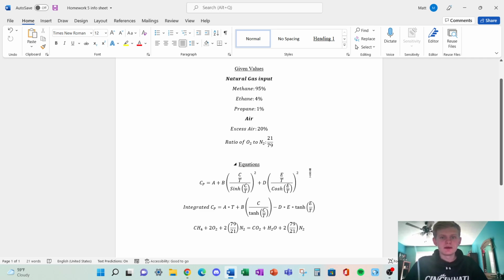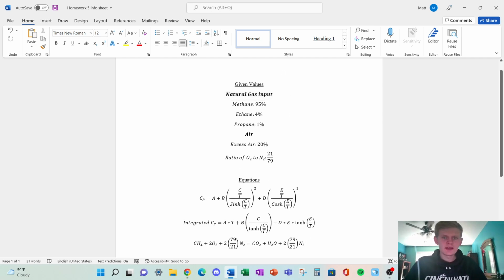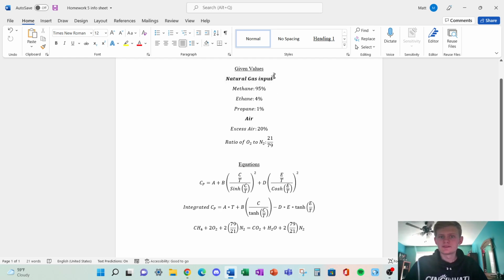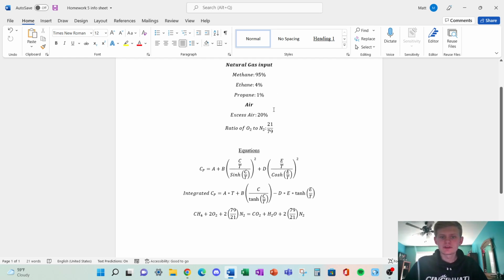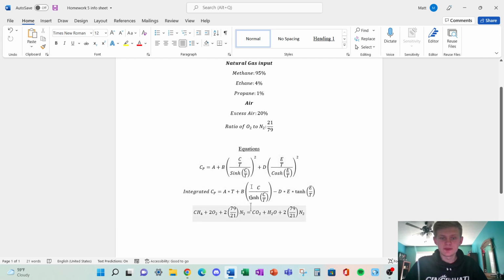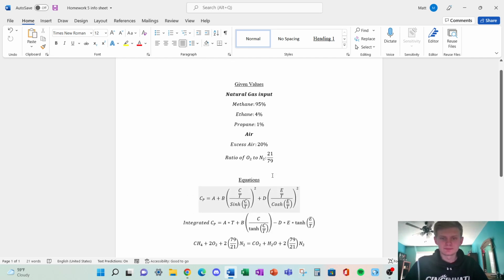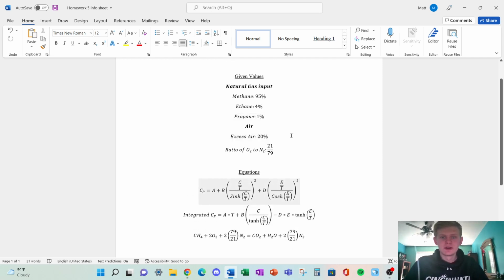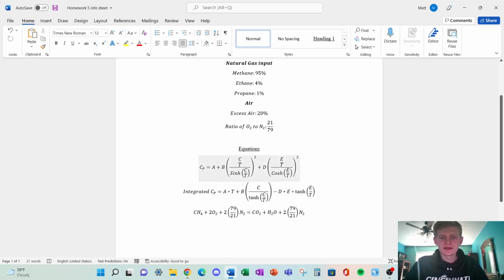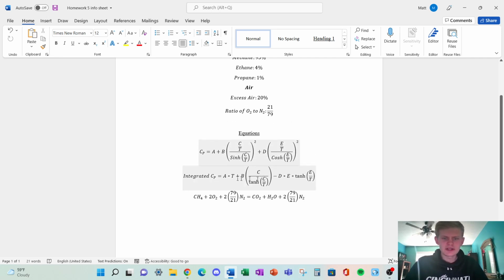Before we begin, I made a document that has a list of all of our given values and the equations that we're planning to use for this particular coding, our adiabatic flame temperature. One thing I want to point out that I didn't really touch on in my previous video was our integrated heat capacity equation, or at least all of it.